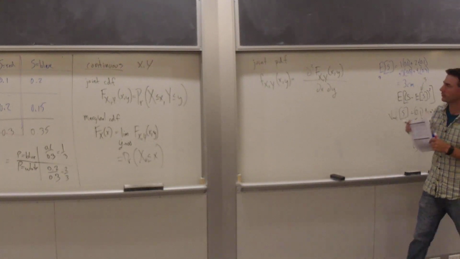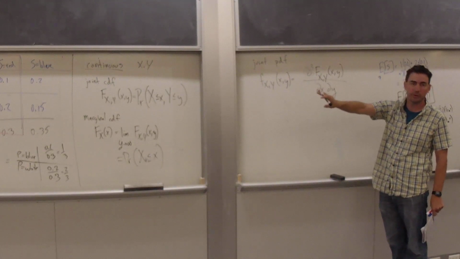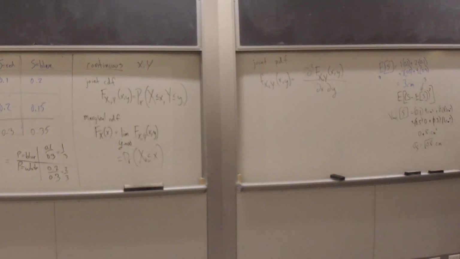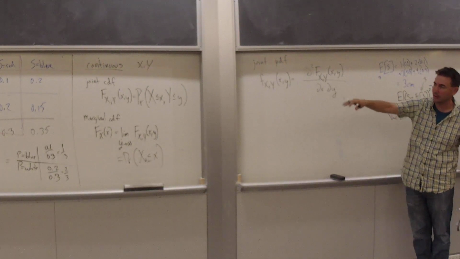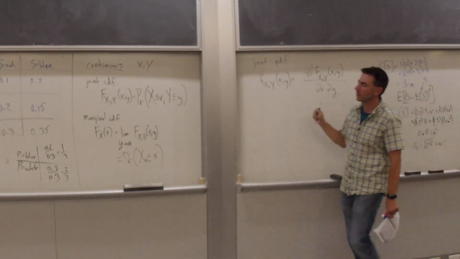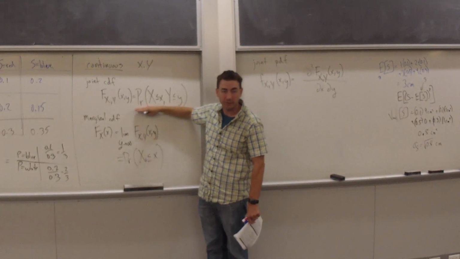Sometimes some probability distributions, like the normal distribution or the Gaussian, which is a higher dimensional generalization of it, the joint PDF actually has a closed form expression. This is e to the negative something here. But in this case, there's no closed form expression for the CDF.